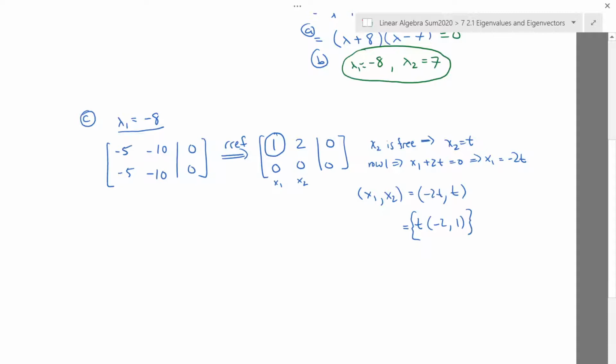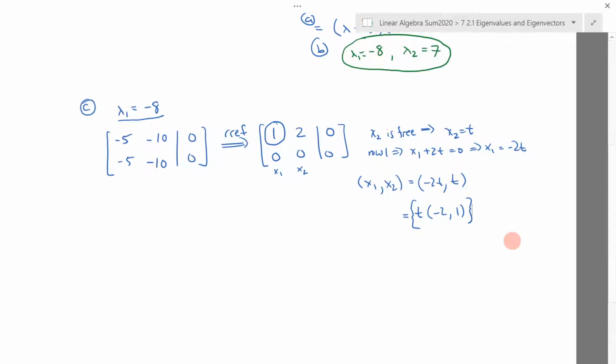Okay, so this says that any multiple of the vector (-2, 1) gives us an eigenvector with eigenvalue -8. So in particular, I can just take t equals 1 to get a particular eigenvector.